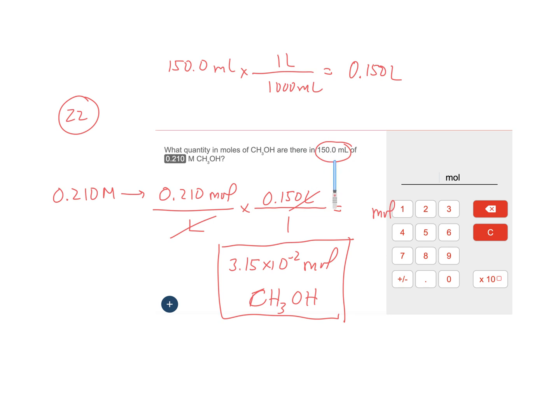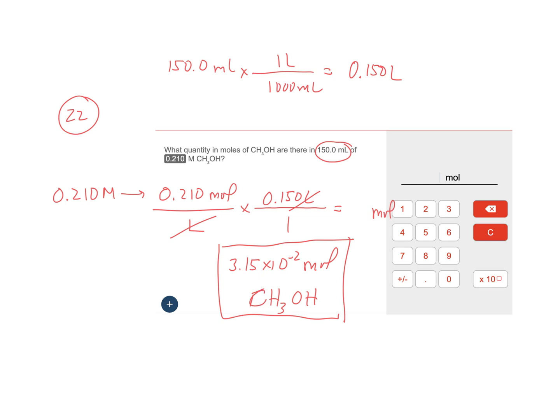That's where I'll bring in the volume to cancel out liters, so I'll be left with moles. If I had 1 liter of solution, yes, I would have 0.21 moles of methanol. I don't have 1 liter. I've got about 15% of a liter, so I'm going to have 15% of that total number of moles.